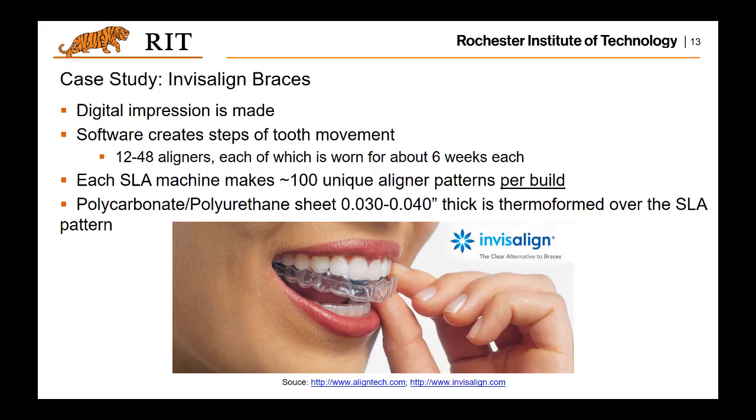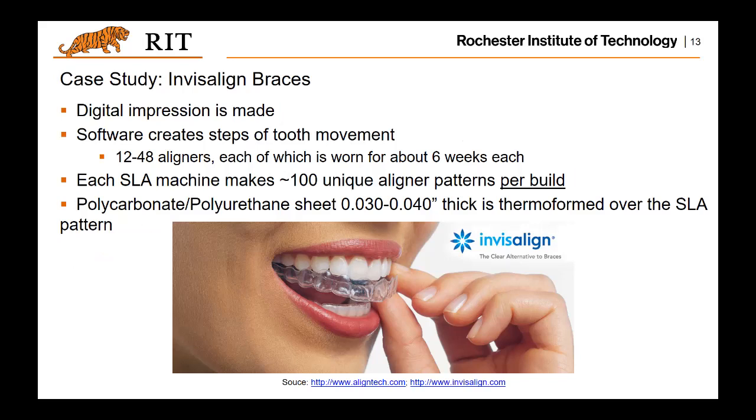Another very interesting application, I would say by far the most successful application of customization using 3D printing, is the Invisalign braces.